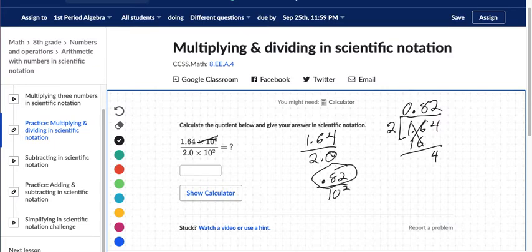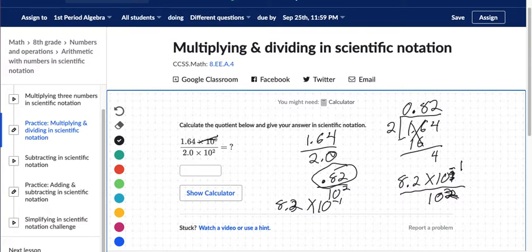Let's get this top number into scientific notation first. So that's going to be 8.2 times 10 to the something. Because we're going from 8.2 to something smaller, it's going to be a negative exponent, and it's just negative 1. And then we can divide by our 10 to the 2. Okay, so then we have 8.2 times 10 to the negative 1, and when we divide, we're subtracting our exponent.